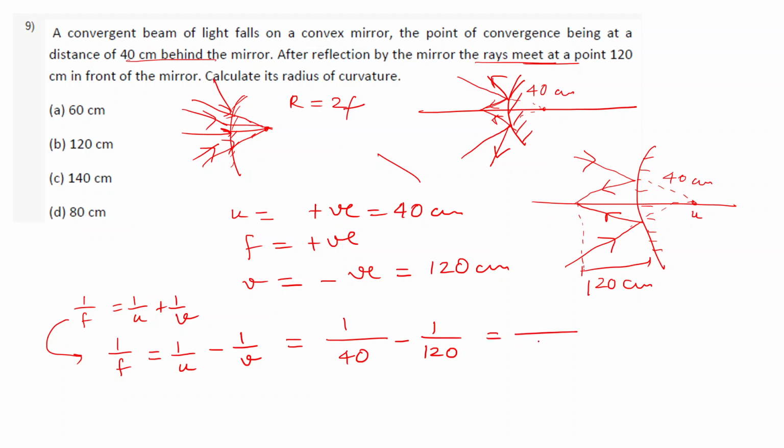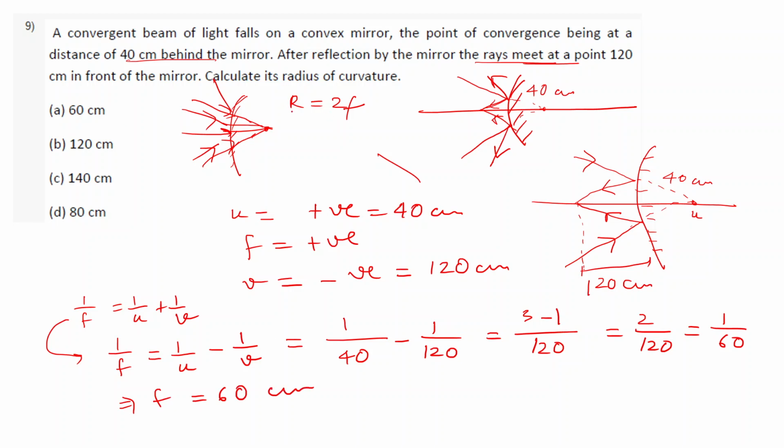Solving this, it will be 3 minus 1, which is 2 over 120, that is 1 over 60. That means the focal length will be 60 centimeters.